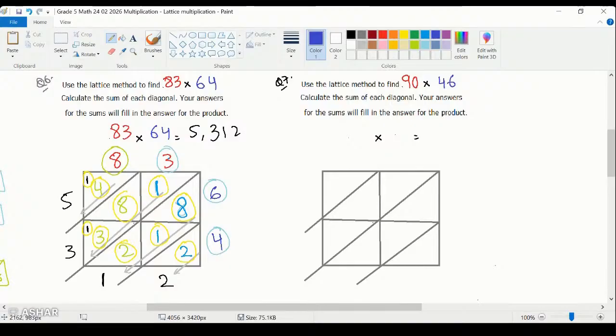So 90 multiplied by 46. So what we can write is 9 tens, 0 ones, 4 tens, and 6 ones. Okay.